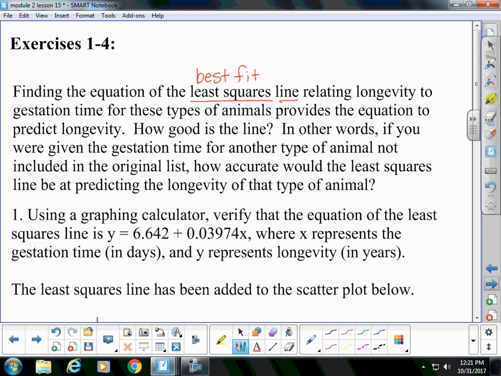Okay, using the graphing calculator, verify the equation of the least squares line is y equals 6.642 plus 0.03974x. So what they're saying by using the graphing calculator to verify the equation, that just means put all of the points in and see if we get this equation. So you'd have to put all those points in your stat and then do the stat calculate and get that equation.